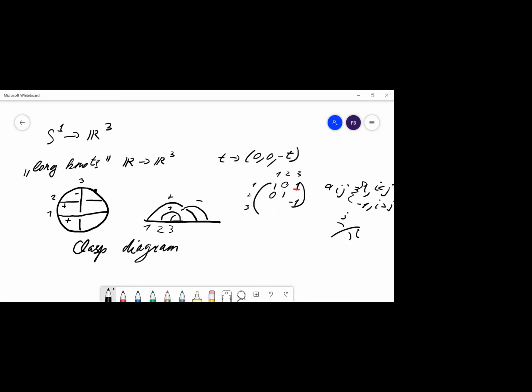So here is 1. Then here we will have, what will we have here? 1, 2, symmetric. What will we have on the remaining places? Anyone?